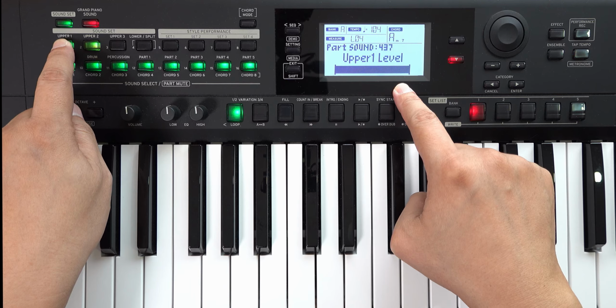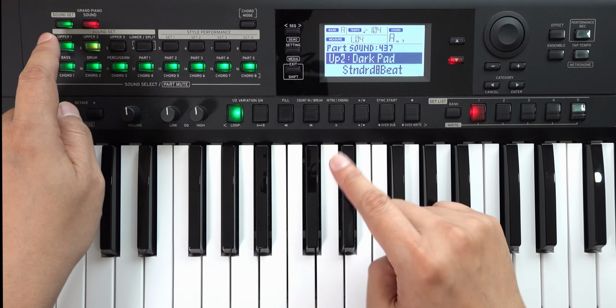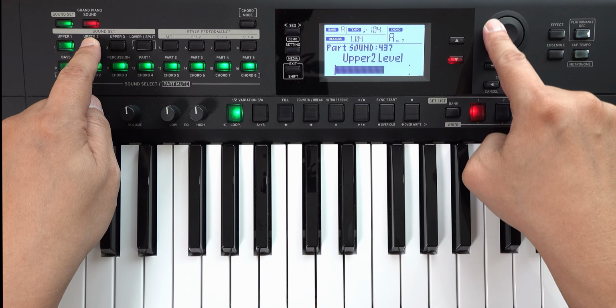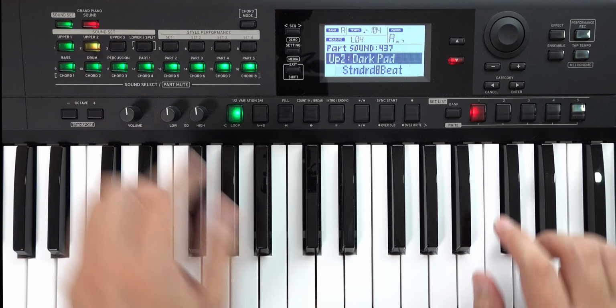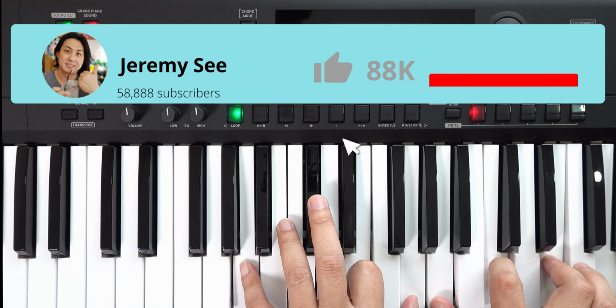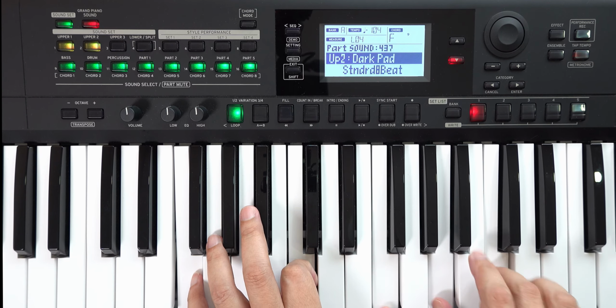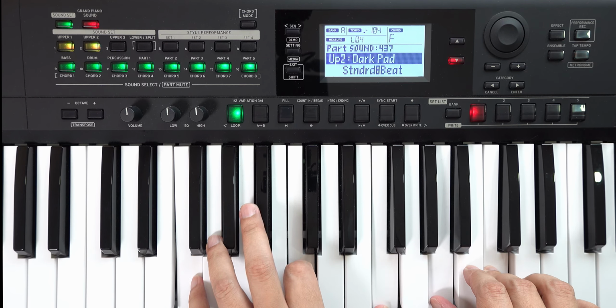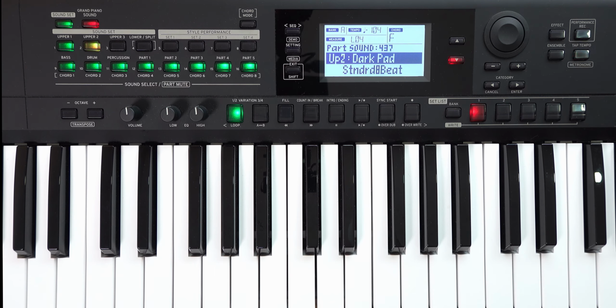As you can see here, the grand piano voice is already at its maximum, so what I should do is turn down the volume of the pad sound. So you can hear the piano is a lot louder than the pad sound right now.